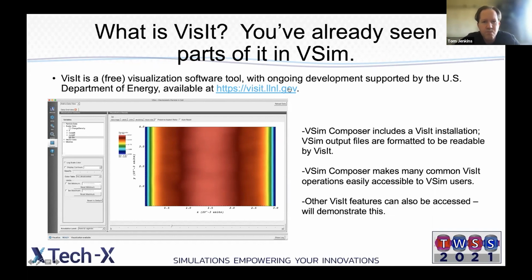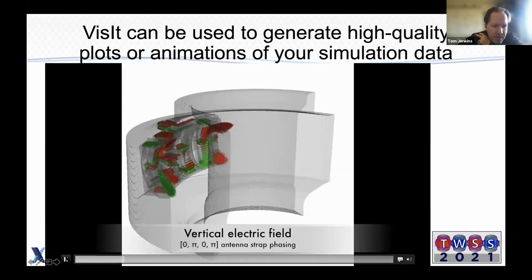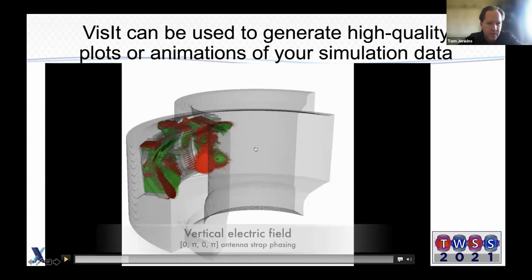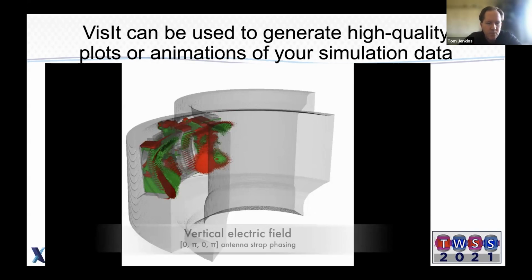Do you have any experience with how VisIt works with very large data sets? What has been your experience with that? For the movie that I showed here, as I mentioned, this is 1.2 billion cells, and I've got a couple of hundred images in this movie.